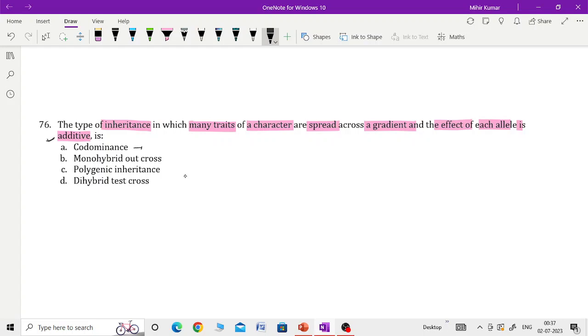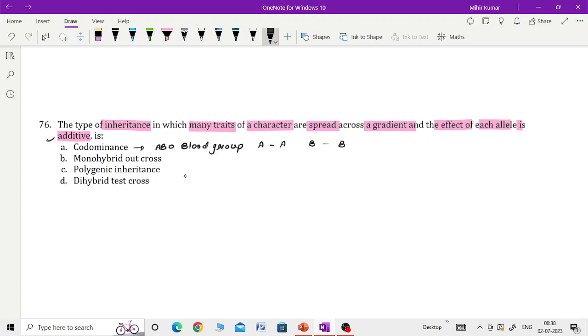Codominance means both alleles are dominant, like the ABO blood group. In the case of the ABO blood group, when A is present, then the phenotype is the A blood group. If B is present, the phenotype is the B blood group.